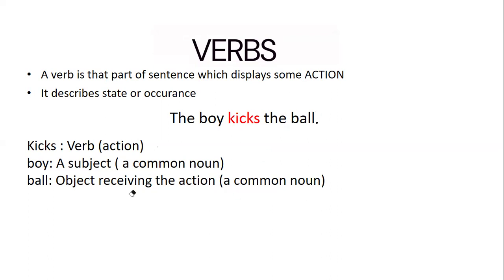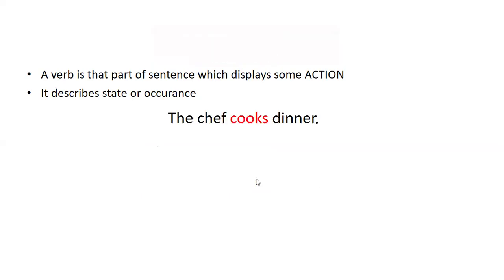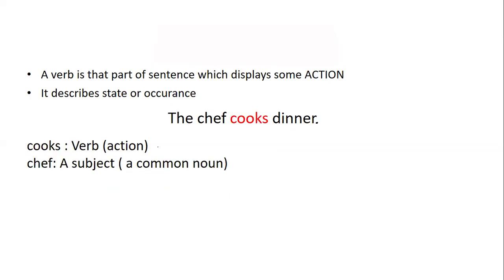So verb displays some action. Let's move to our next statement. The chef cooks dinner. What is the action that is being done? Cooking action is being done. The chef is doing something, he's cooking. So cooks is the verb. Chef, common noun. The whole sentence revolves around the subject of the sentence, and the subject over here is the chef, the naming part.